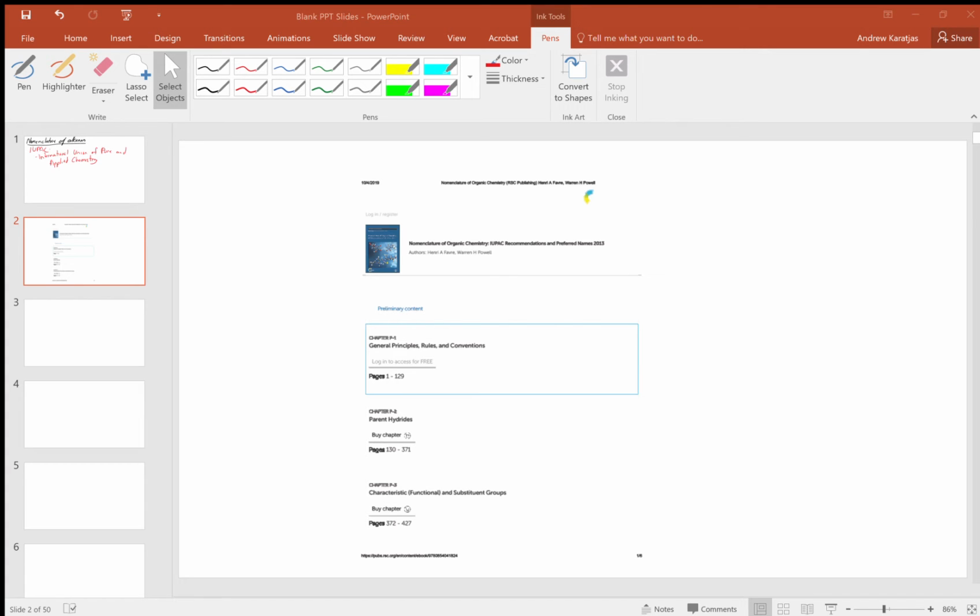So they do update and revise this from time to time. But the entire book of nomenclature, and again, this is just organic molecules, is just under 1,600 pages. Who would have ever guessed you could say that much about nomenclature?